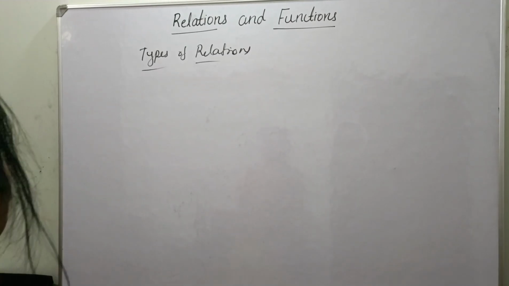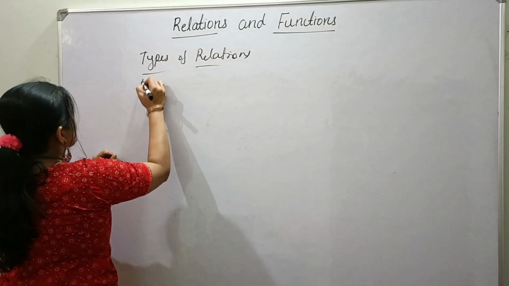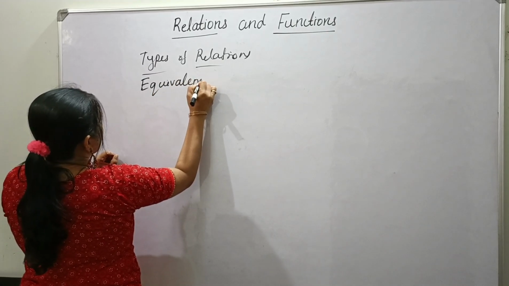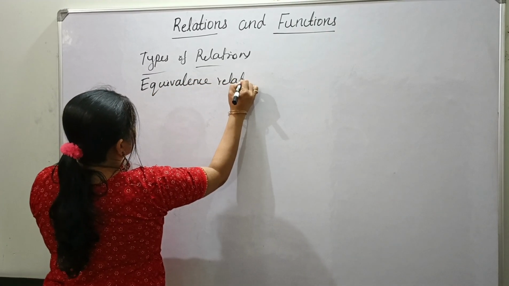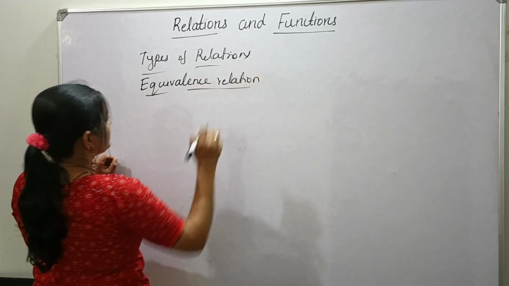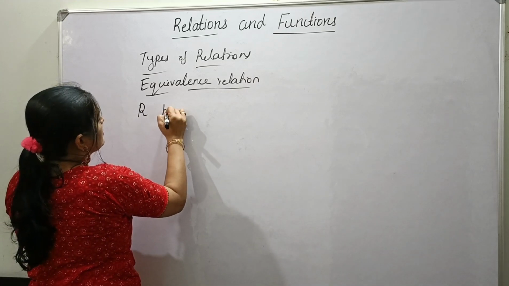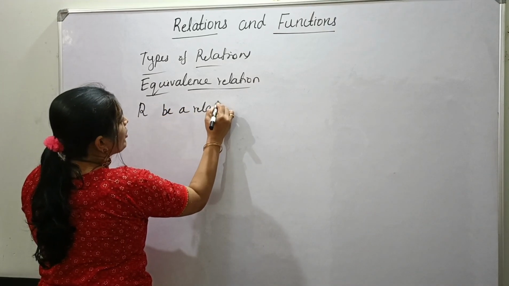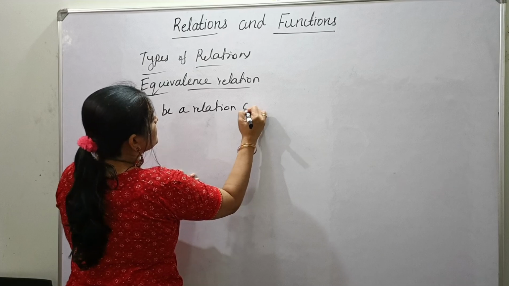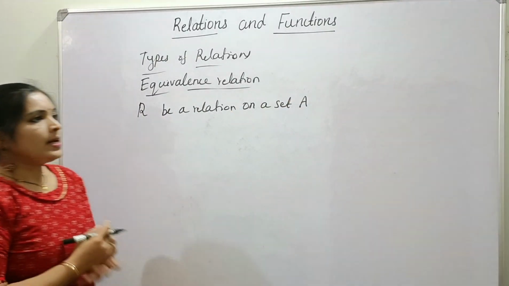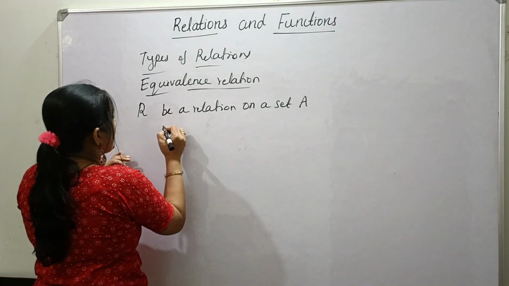Next type of relation is equivalence relation. Okay, so let R be a relation on a set A. And here let us take an element.